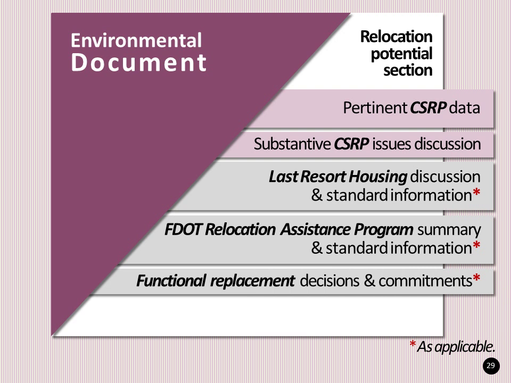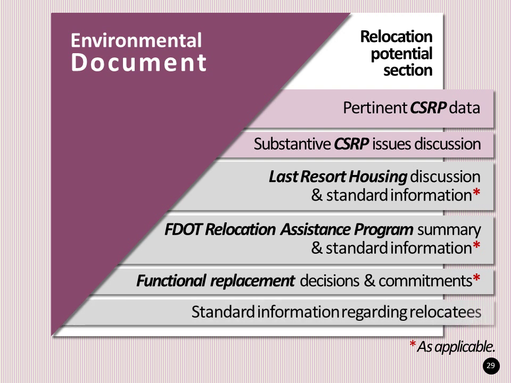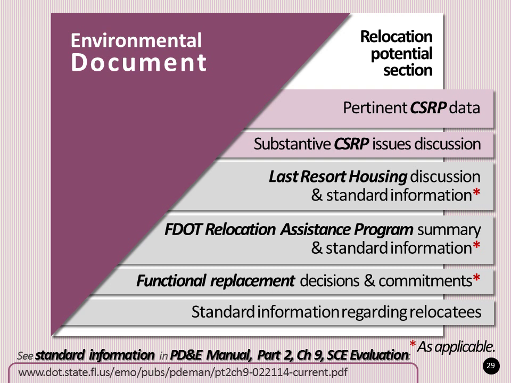Related commitments must also be listed in the appropriate sections of the environmental document, and other standard information that is required when a relocatee is involved. Refer to Part 2, Chapter 9 of the PD&E Manual for all of the standard information noted.